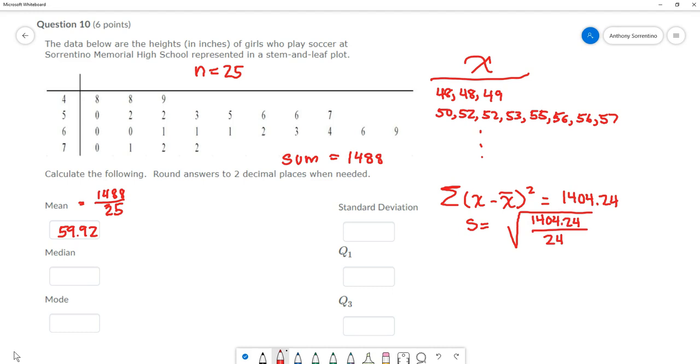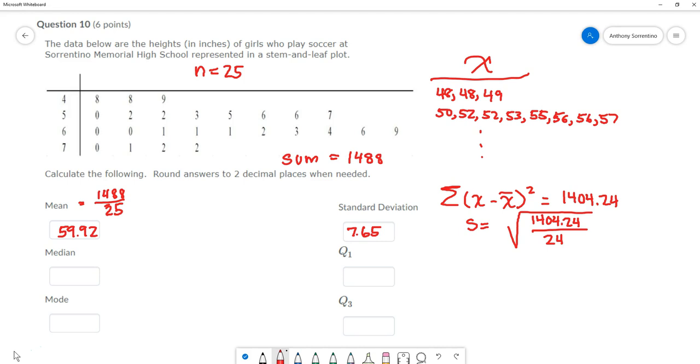And if I square rooted that, I get approximately 7.65, like 7.64918, so forth and so on. So that's about the standard deviation.